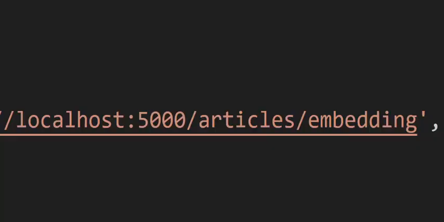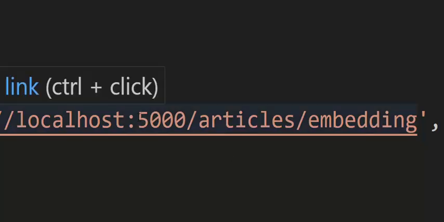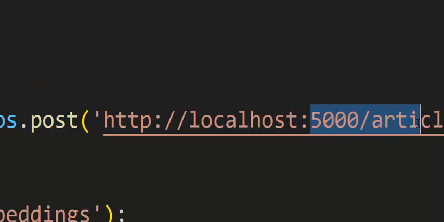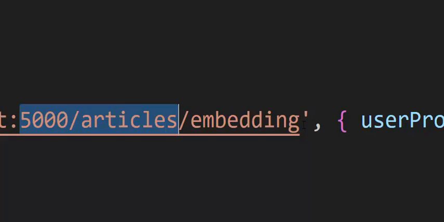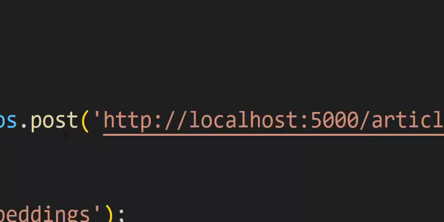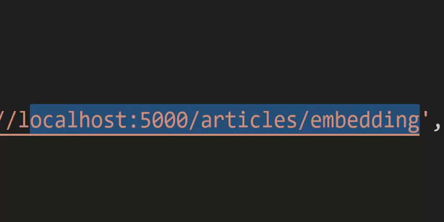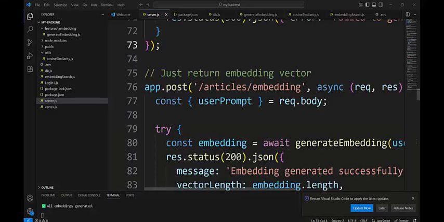In the front-end user interface in React, from this form, we click on the button and the server is called. It is an endpoint in the server. Let's look at that endpoint in the server. Here we are.